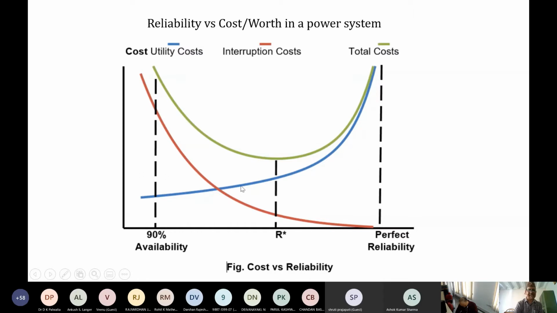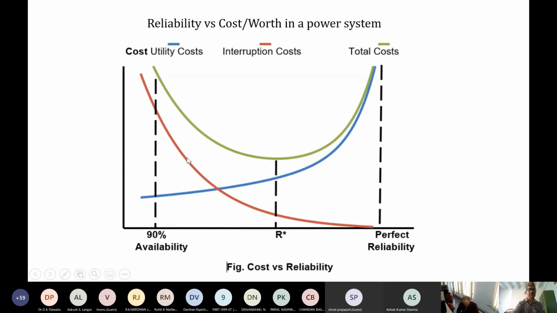So when we put together those two costs, one is the investment cost or the utility cost made by the utility, and another is the interruption cost that is experienced by the customers.